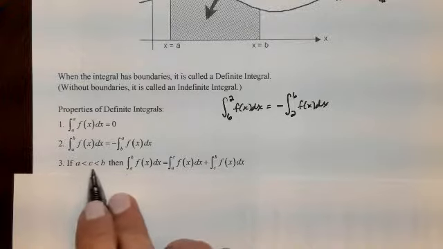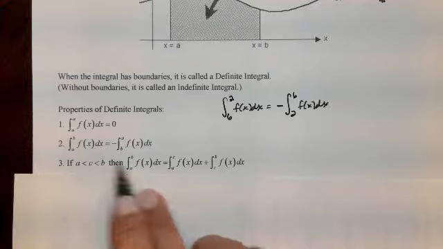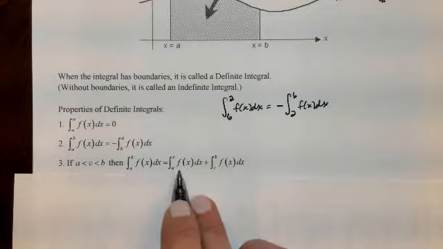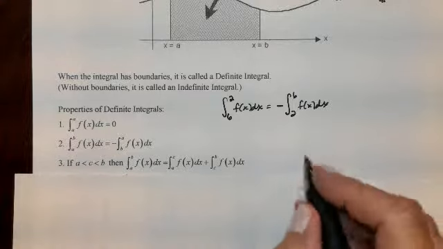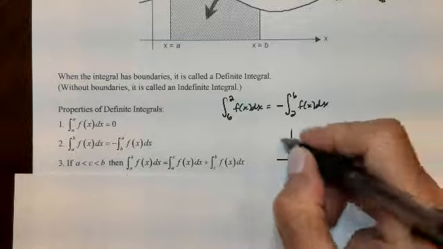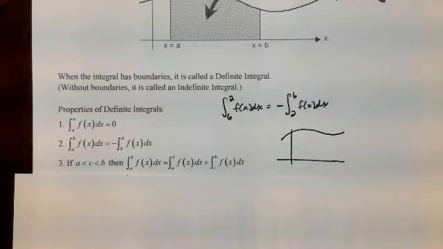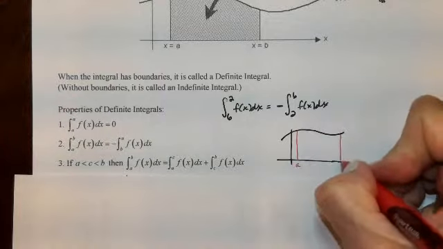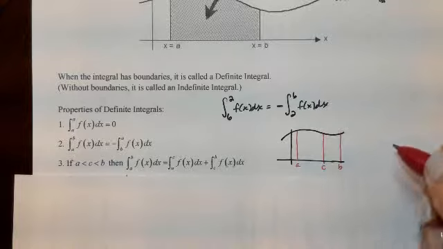All right, if c is between a and b, then the integral from a to b is equal to the integral from a to c plus the integral from c to b. That makes sense. Let's say that we have that curve, and let's say that this is a over here, this is b over here, and let's say c is somewhere in between.